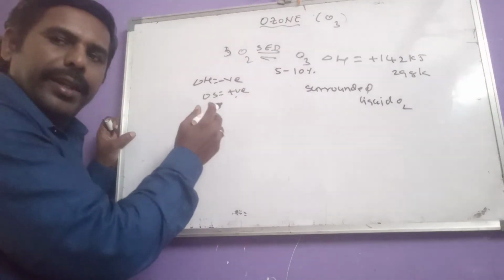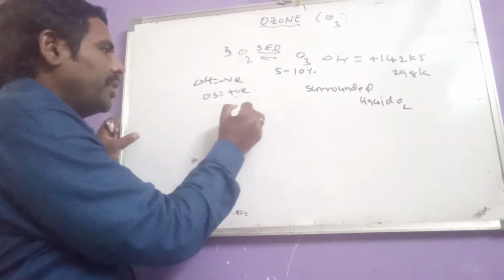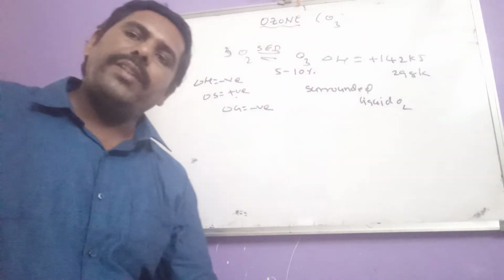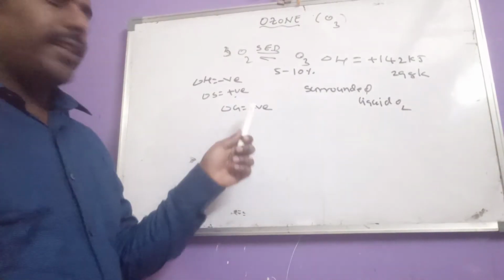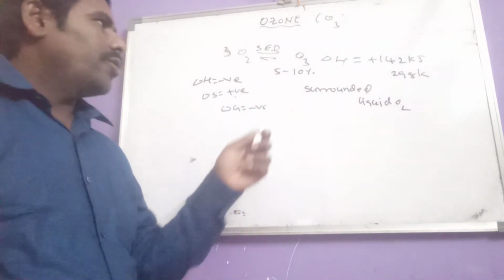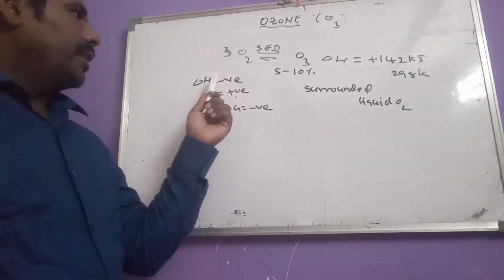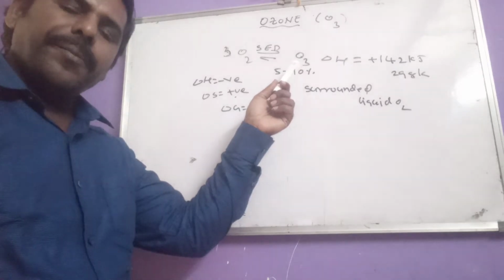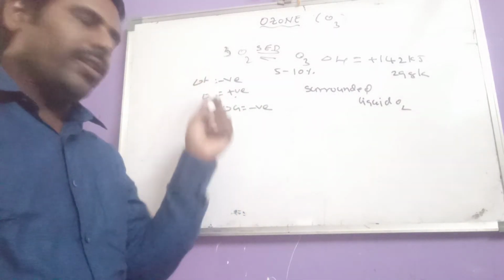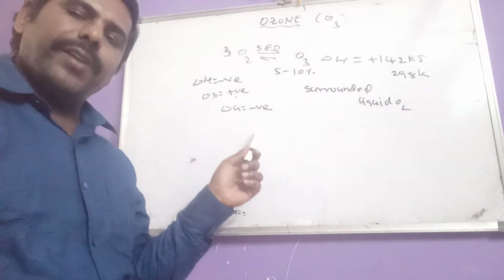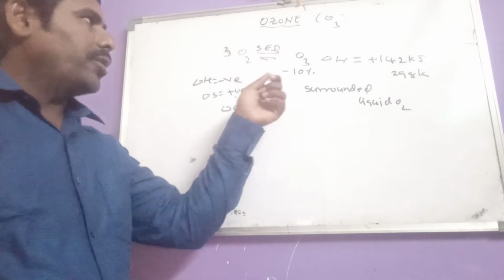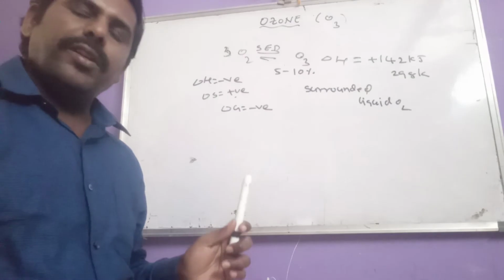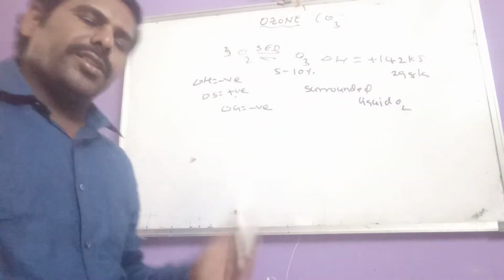These two combine to make delta G negative. If delta G is negative, the reaction becomes spontaneous. So the delta H negative and delta S positive values for decomposition of ozone make the change in Gibbs free energy negative. Therefore it is a spontaneous process, and that's why ozone is thermodynamically unstable.